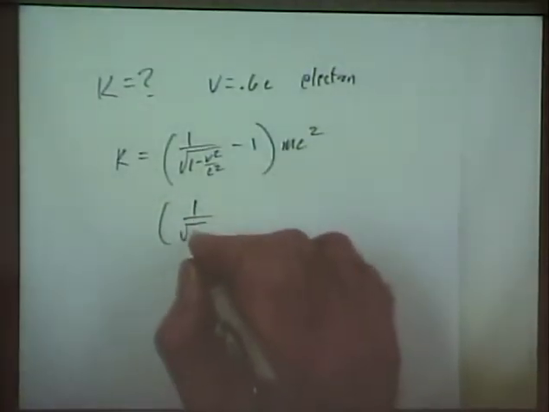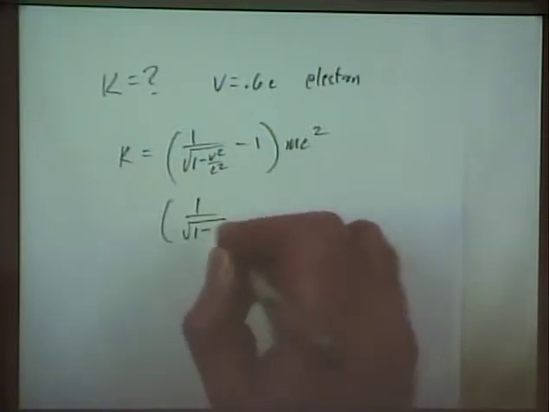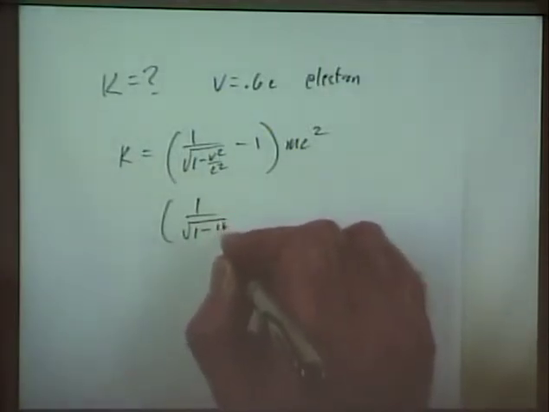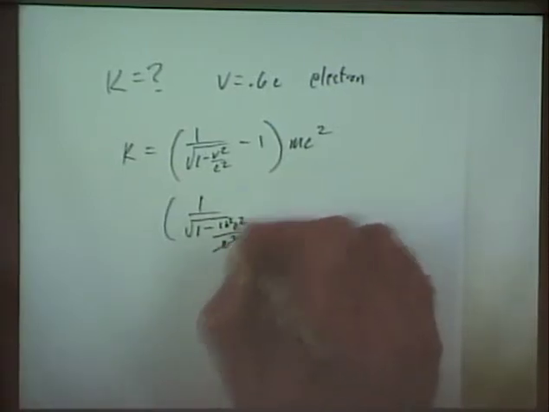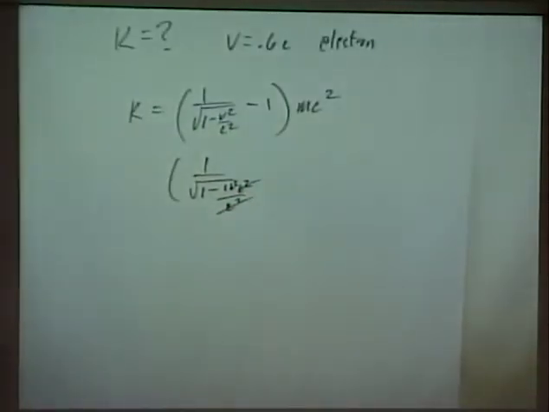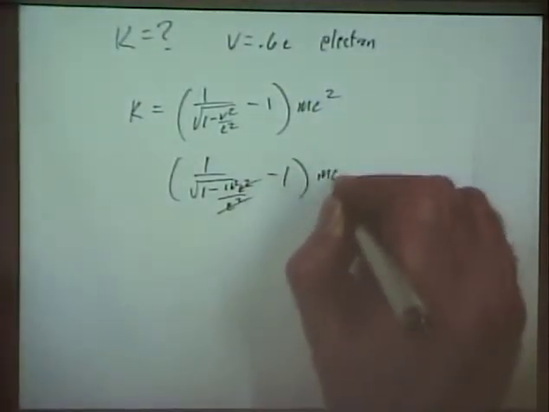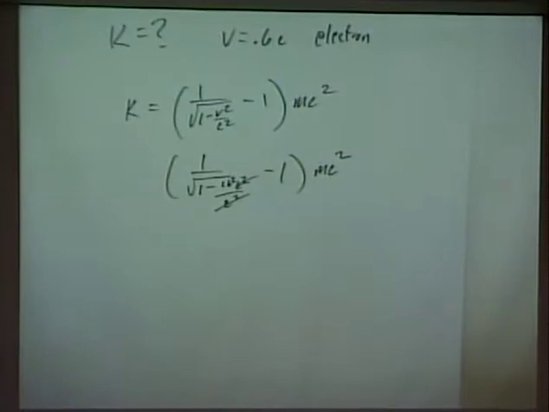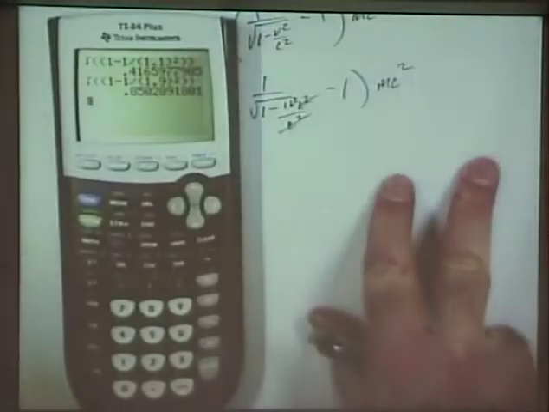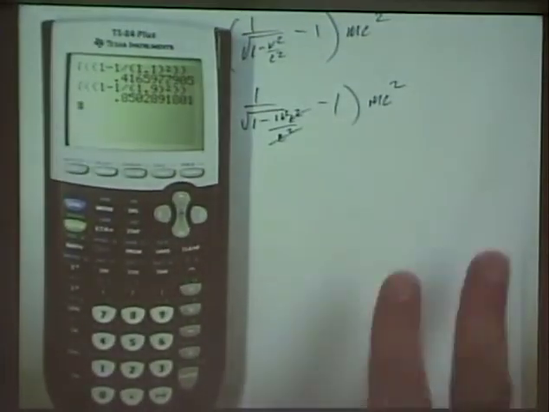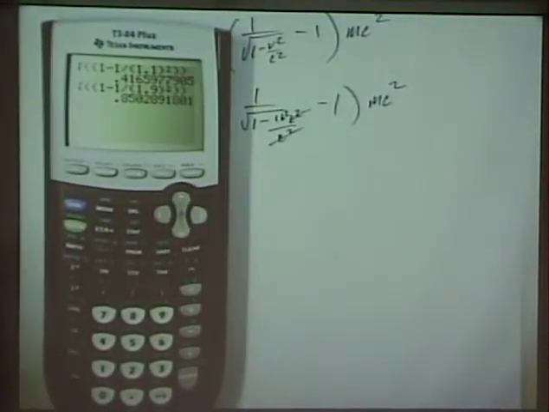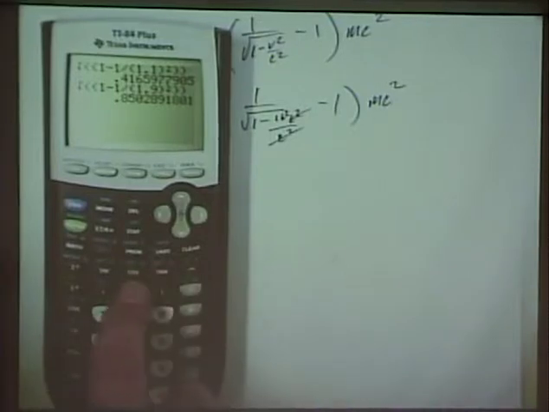This time I'd actually plug in the numbers first. 1 divided by the square root of 1 minus 0.6 squared c squared over c squared. That's nice. That means my c squareds cancel. Minus 1 times mc squared. All right. So now, here's what I do. I'm going to go ahead and put my calculator up here. Maybe you can see both things there. Maybe you can't. All right. So here's how I do this. I take parentheses.